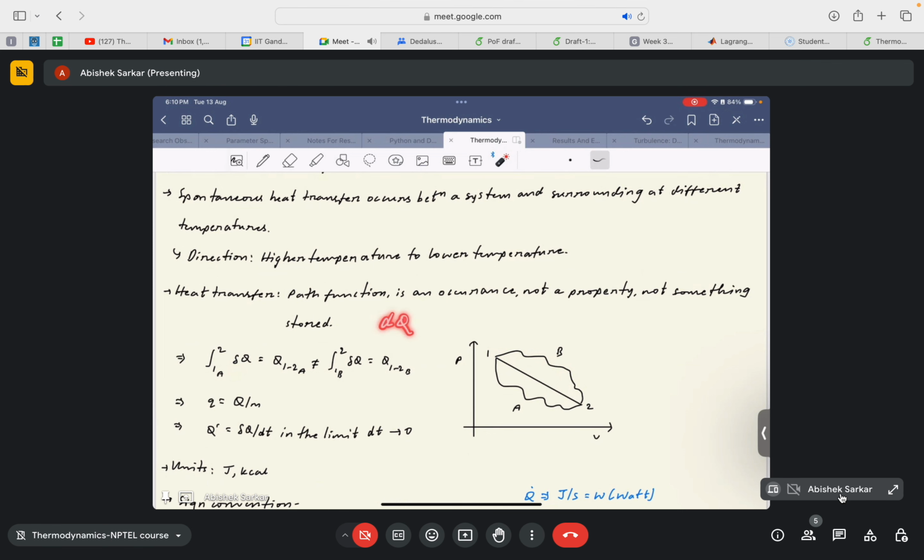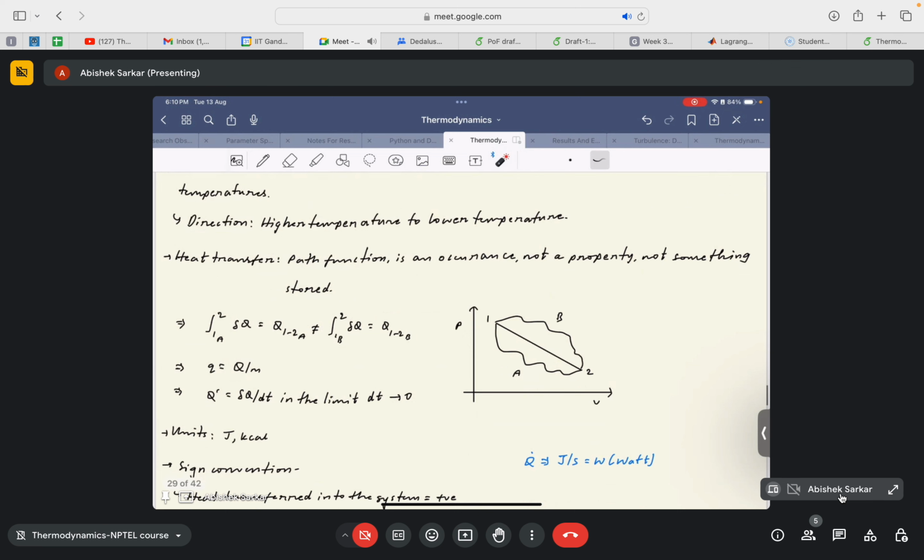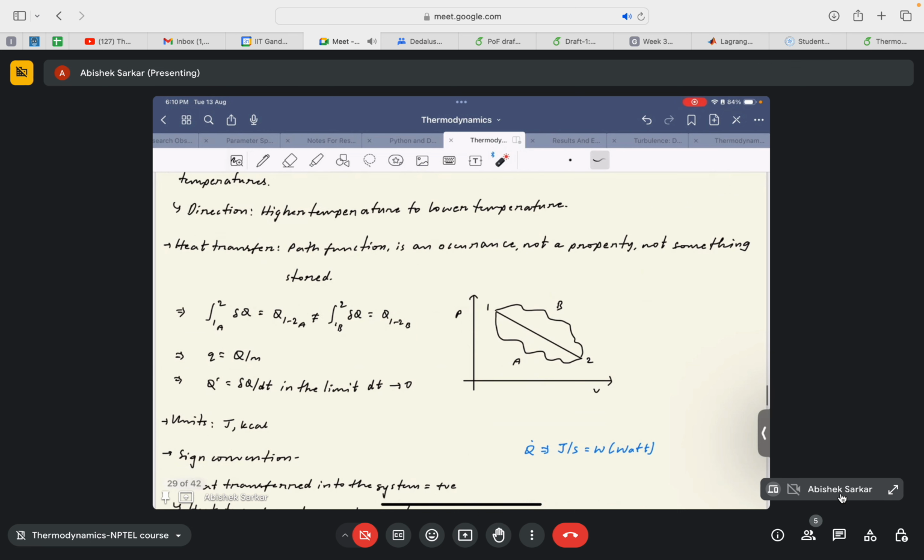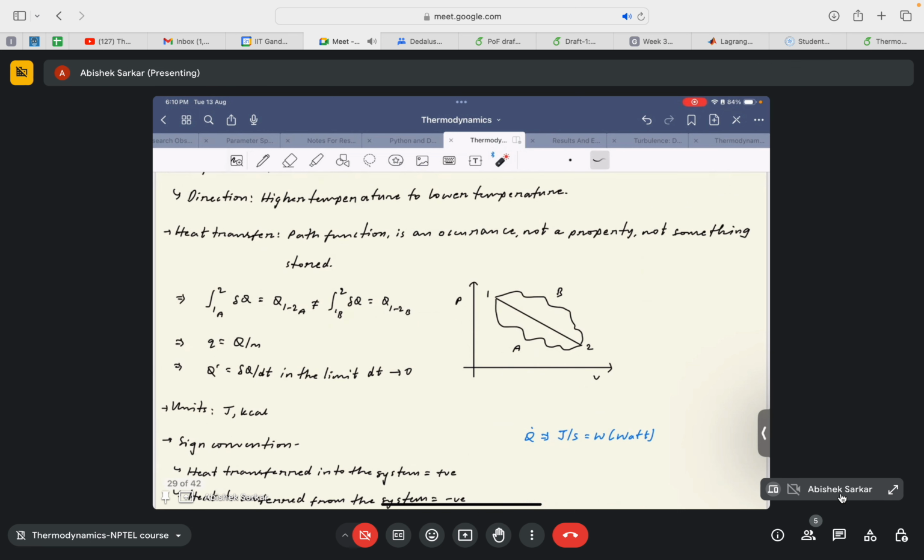We do not denote heat transfer as dQ, rather we denote it as δQ, because it's an inexact differential. The units of heat transfer are the same as work: joule and calories, or kilocalories, you can use any, but the SI unit for heat transfer is the joule.